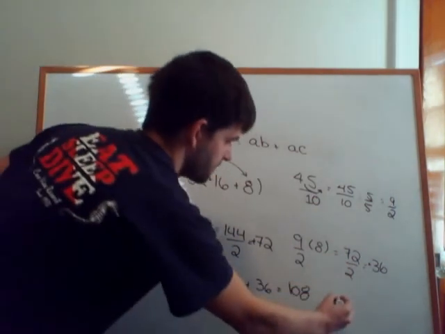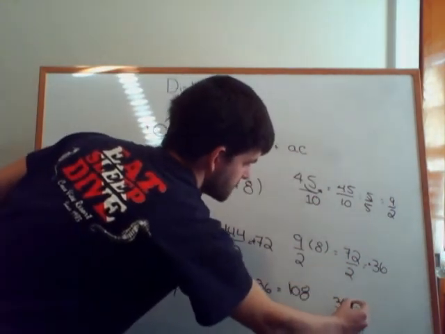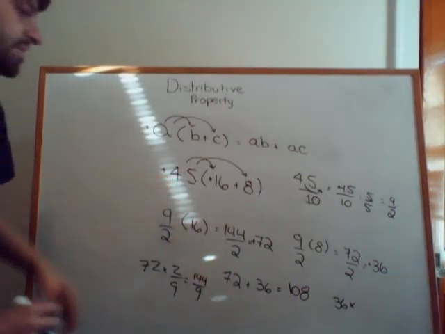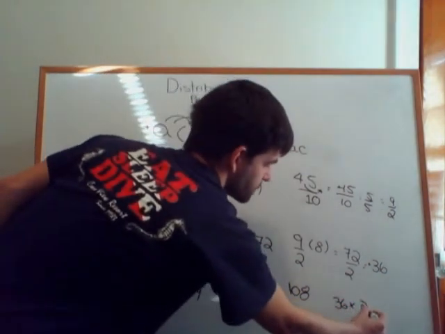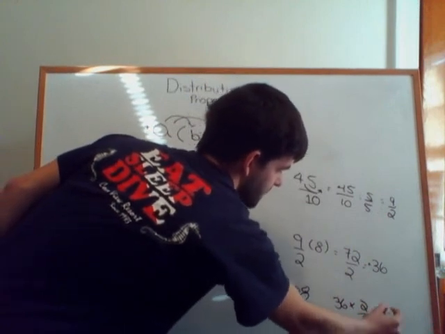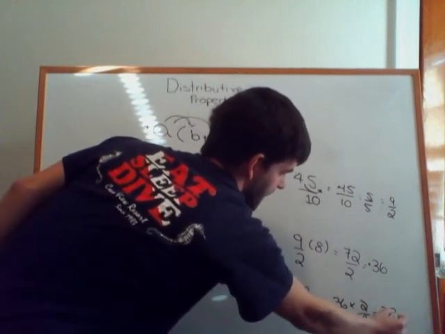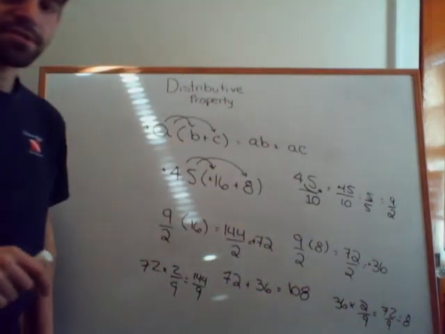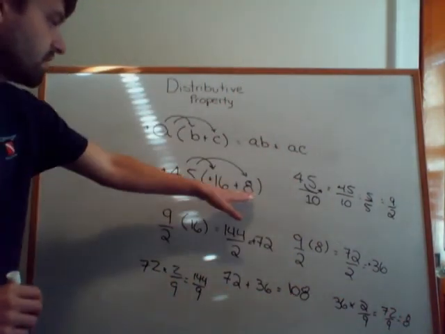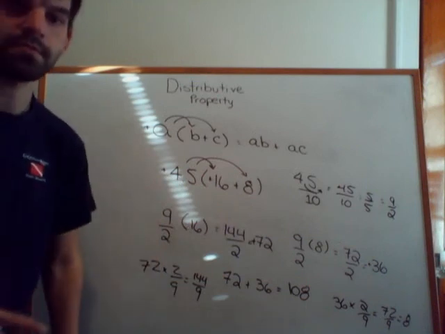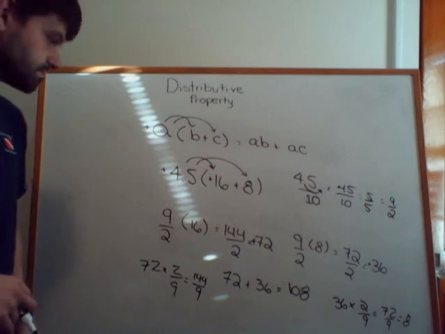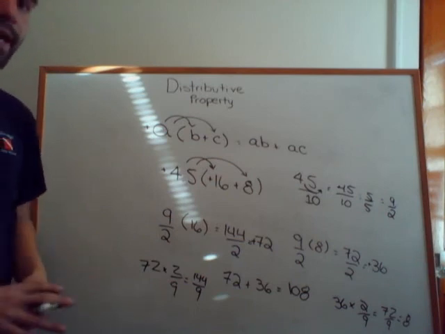Likewise, with 36 times, again, the reciprocal of 9 halves, which is 2 ninths, that's going to give me 72 over 9, which is indeed 8. And again, this allows us to check to make sure that we come up with our original values. I'll reword that, I apologize.